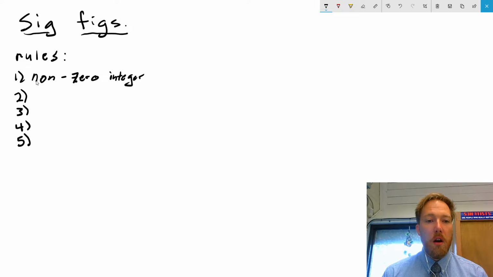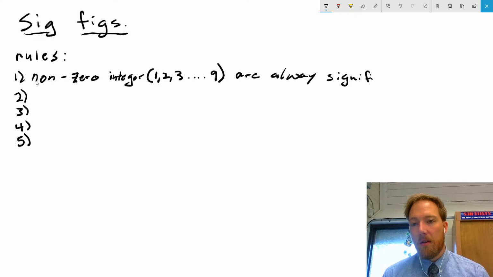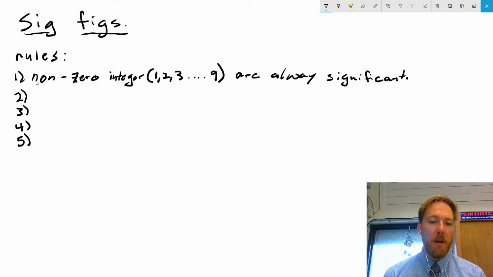So 1, 2, 3, all the way to 9, are always significant. I highly suggest you write down the notes, because when you write down notes, you tend to remember about 20% more.